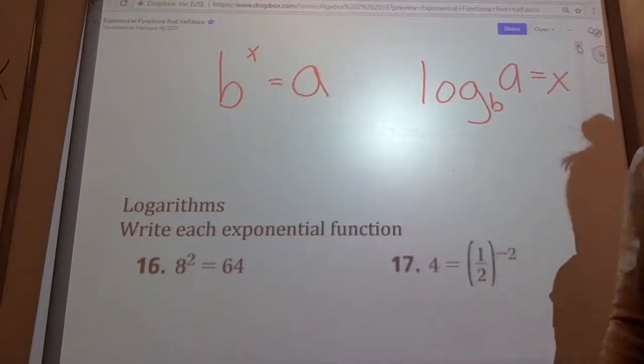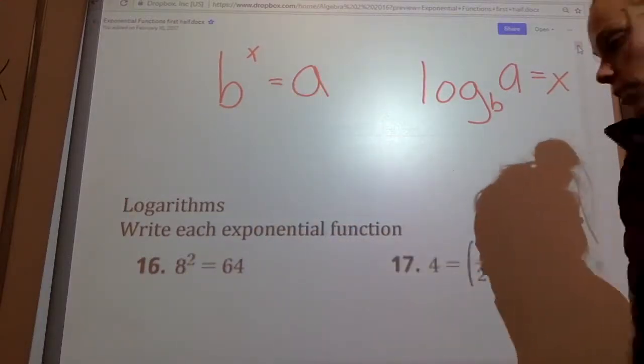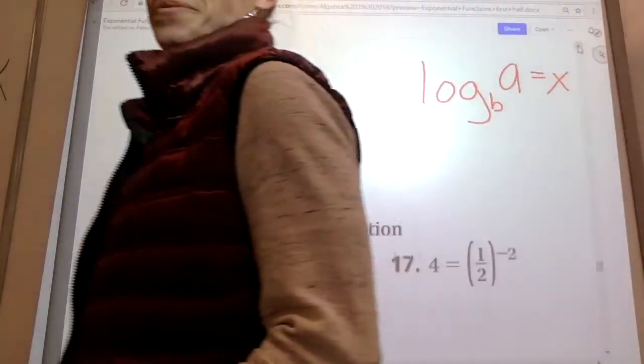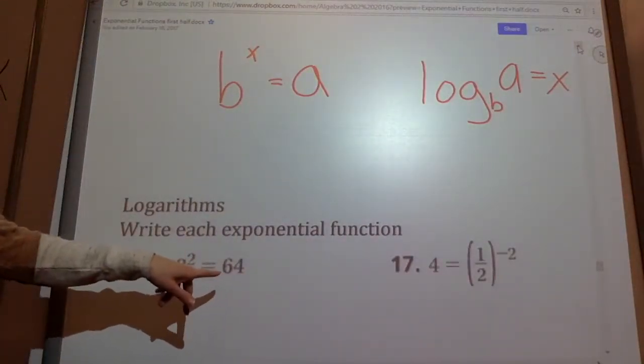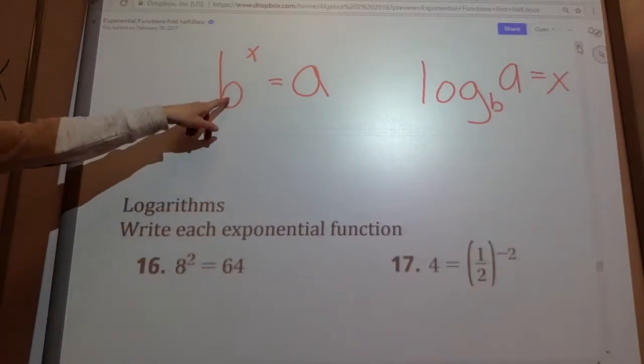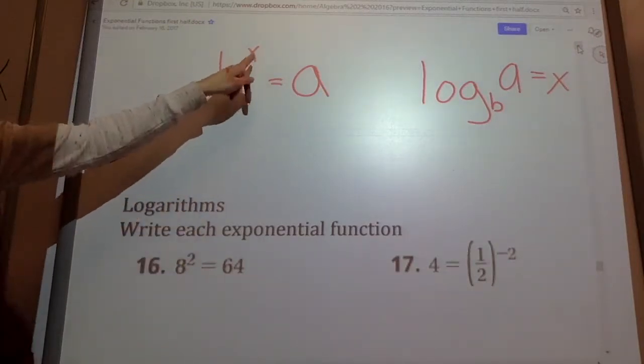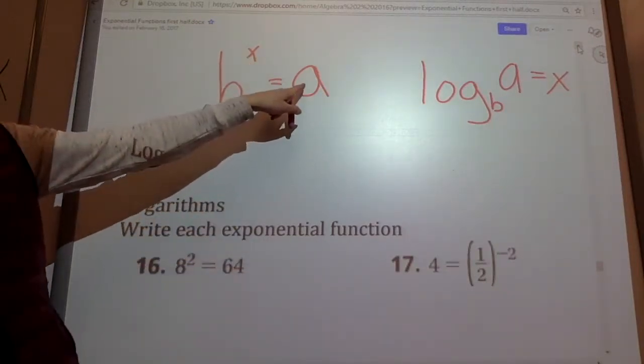What's log mean? So look at the first example here. I have 8 squared equals 64. 8 acts like my b, the 2 acts like the x, and the 64 acts like the a.